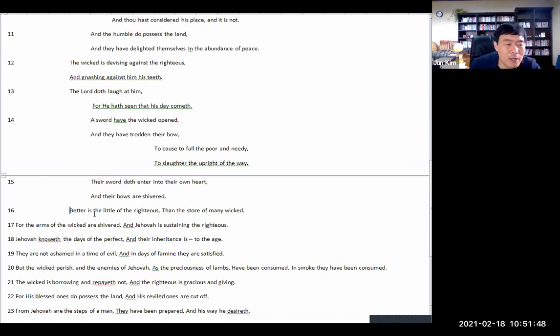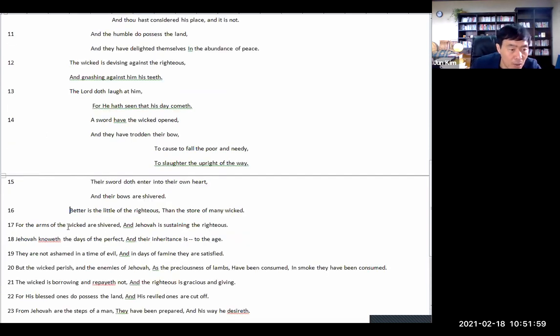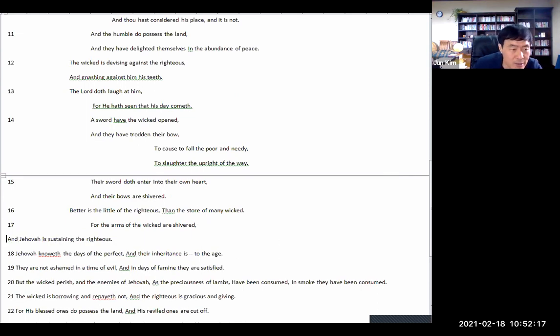And you can say that better is the little of the righteous than the store of many wicked. So I think this one provides another bigger level of the idea, and it provides for the arms of the wicked. So we can see that this is another subordinate idea. The arms of the wicked are broken, and Jehovah is sustaining. So it should be on this line.